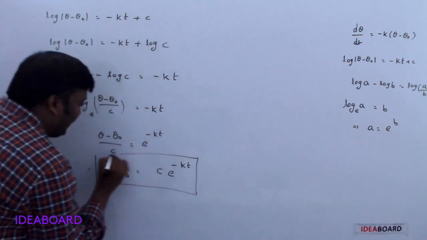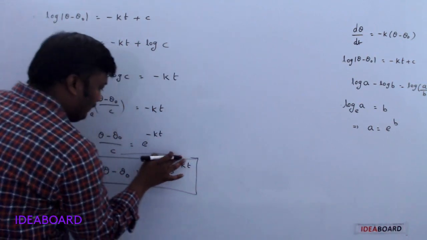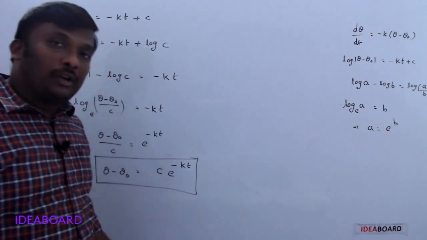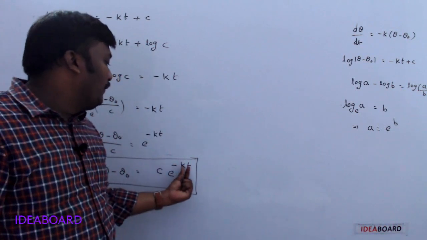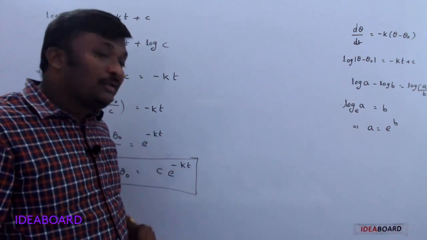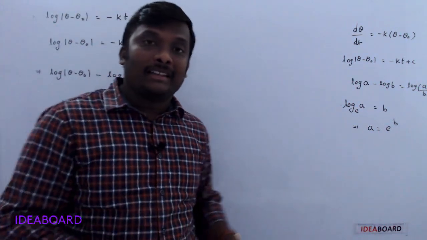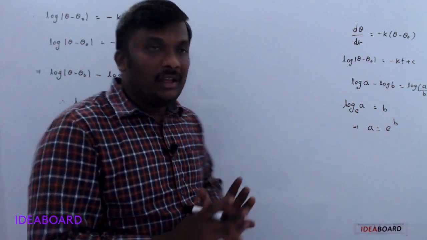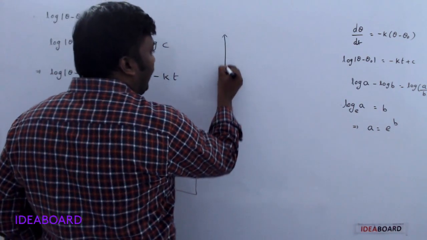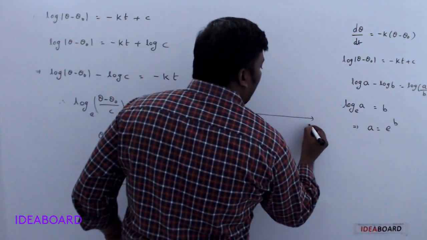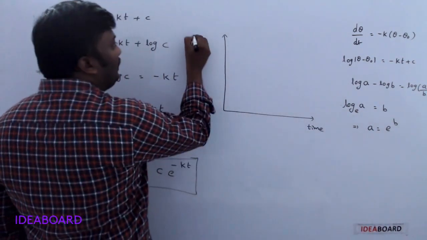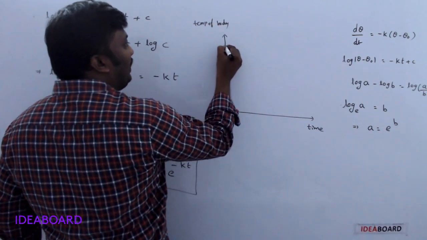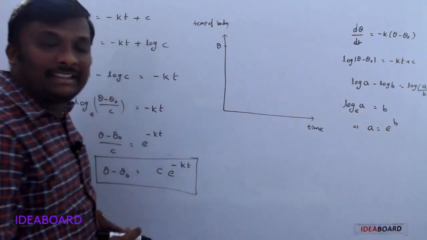So the temperature difference is always an exponential function of the time. Here the negative sign indicates that as time increases the difference in temperature will fall. Listen carefully. If you draw a graph between time and temperature of the body, let the initial temperature of the body be theta naught.